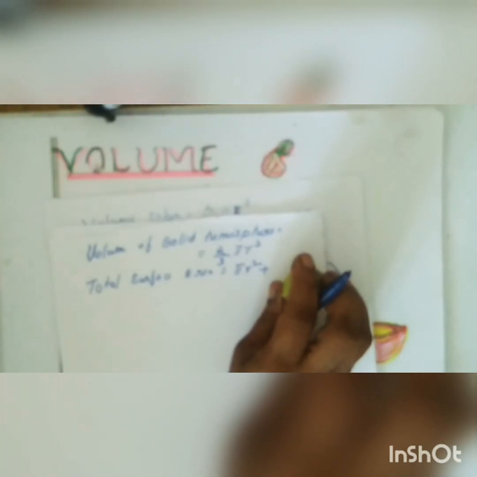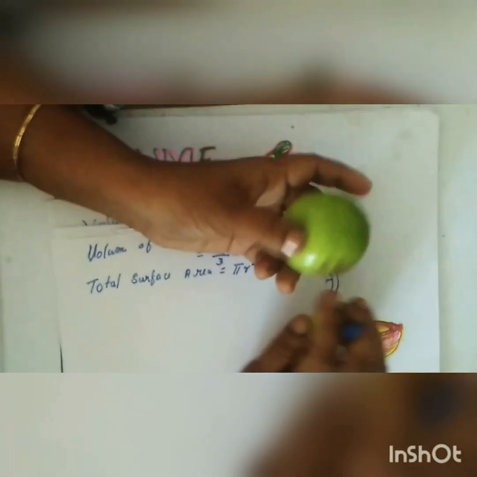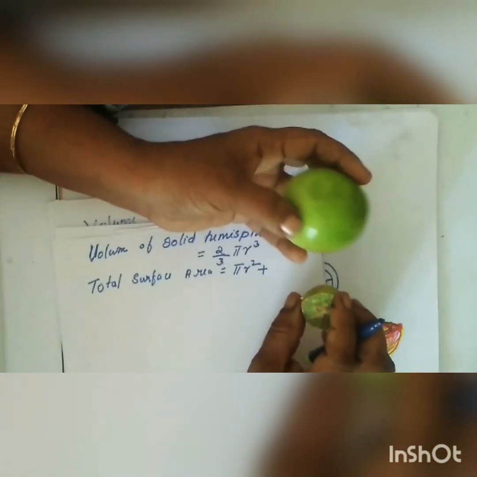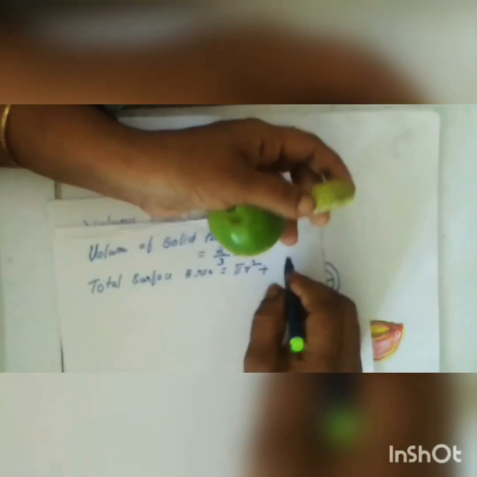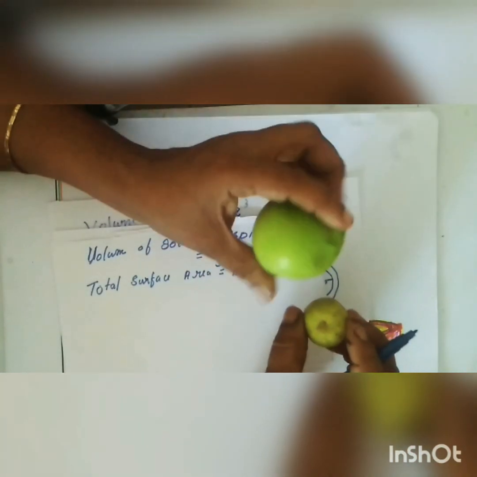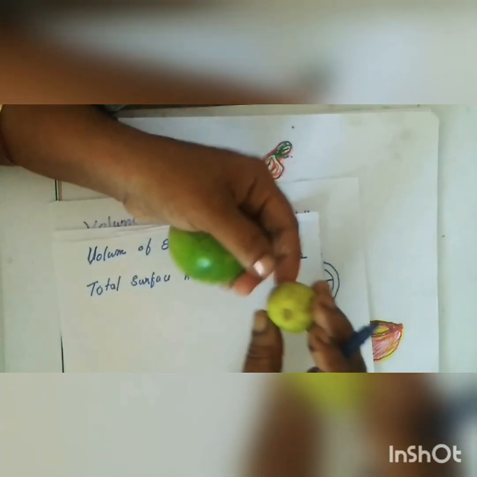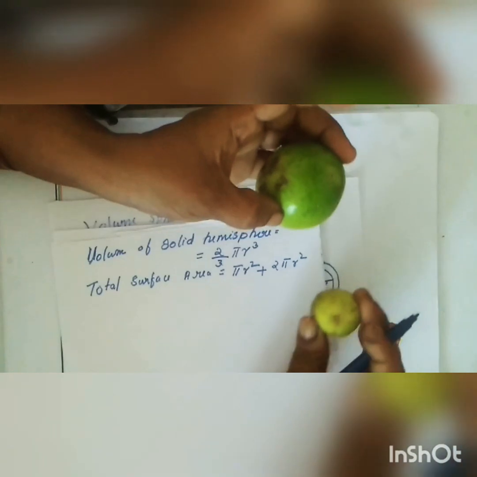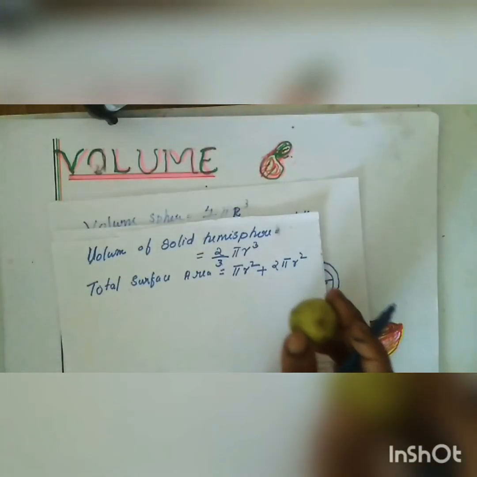when it is for a sphere, it is 4 pi r square. Therefore, half of 4 pi r square equal to 2 pi r square. This is the curved surface area. Curved surface area of a sphere is 4 pi r square. Therefore, curved surface area of a hemisphere is half of it, and therefore it is 2 pi r square.